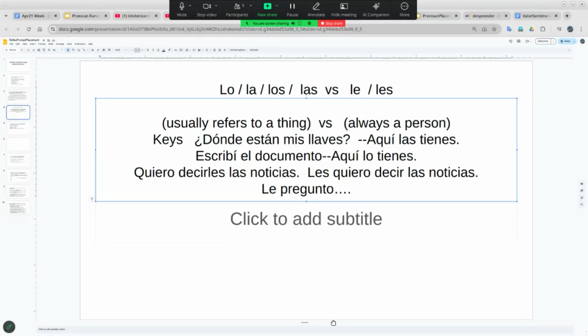We'll do a little workup with reflexives. I'm going to have you do a little homework with reflexives so that you use it a little bit more. And we're going to expand to some of these other things on the lo, le distinction. Okay? ¿Todo bien? All good?